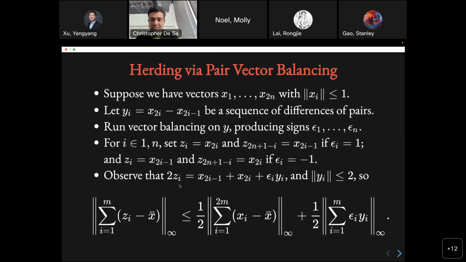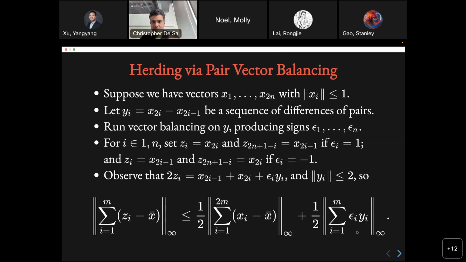And so because of this, it's actually pretty easy to show that the sum of the first m elements in Zi minus their average is going to be equal to 1/2 times the sum of the first 2m elements in Xi plus the sum of the first m elements in Yi.